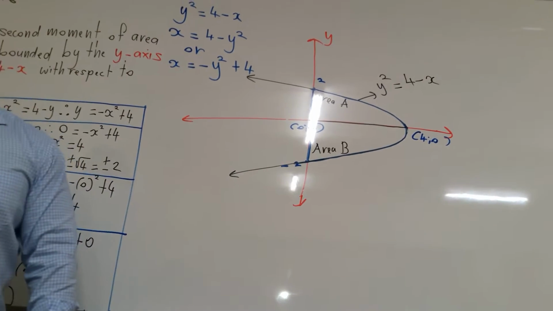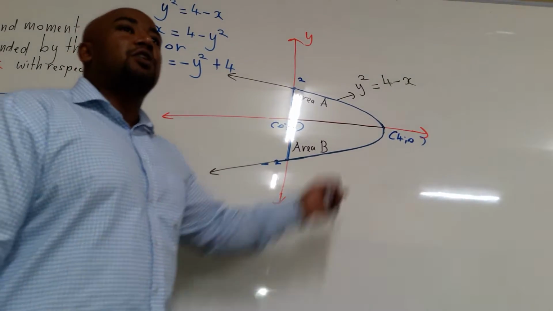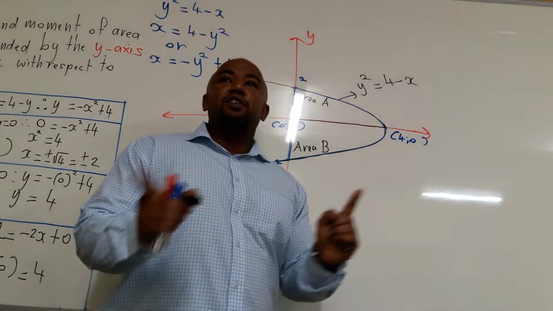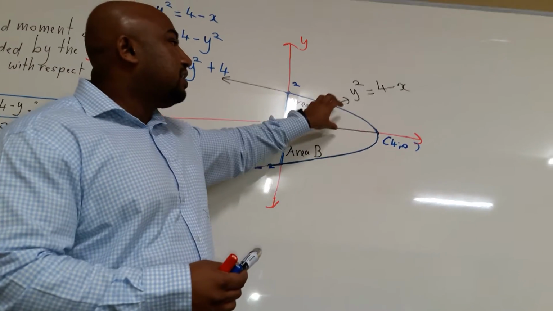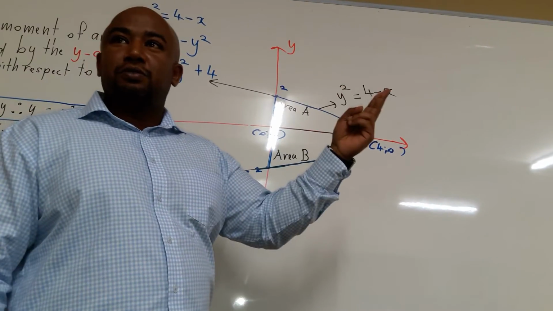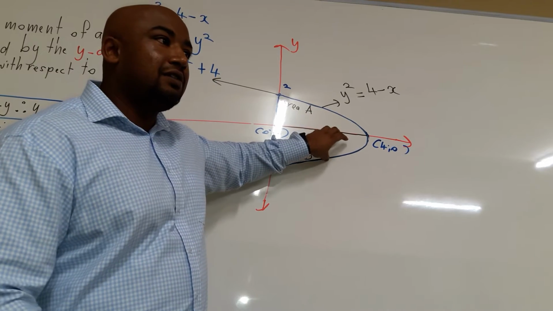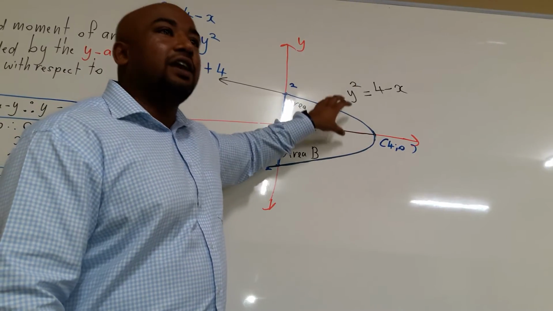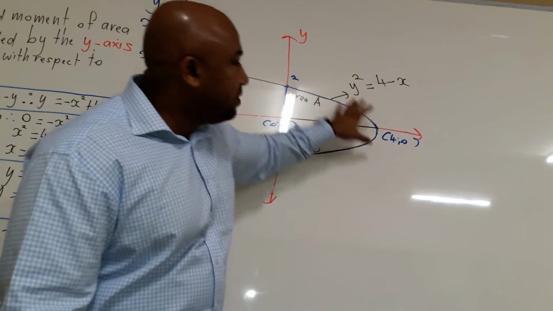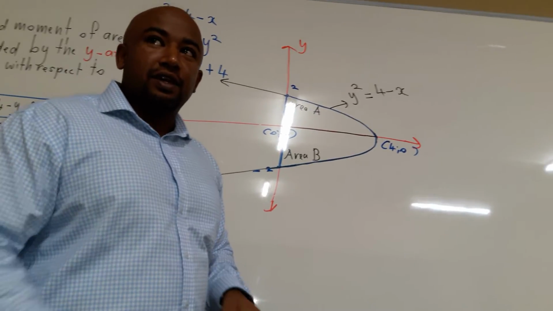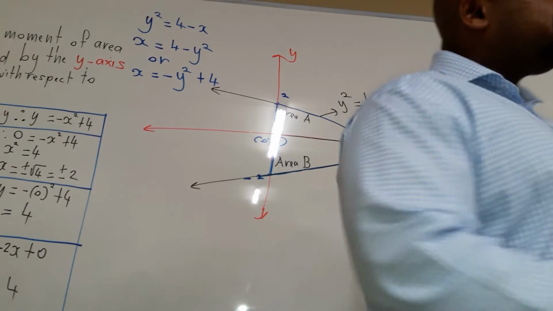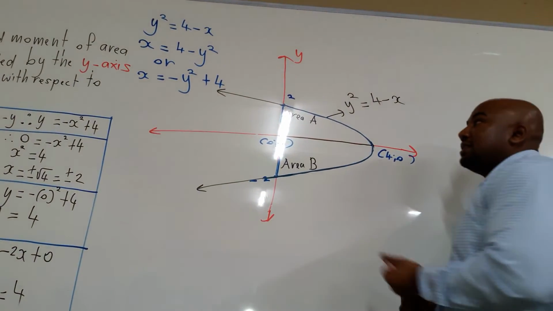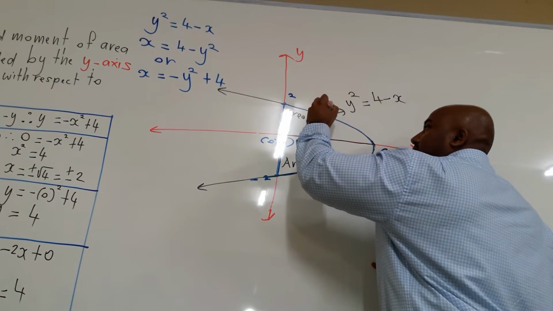If I wanted to work out the total area, I have a choice. I can just work out area A and multiply by 2, or I can work out area B and multiply by 2. It's the same as taking area A plus area B to give me the total area. So that's when I'm using delta x.